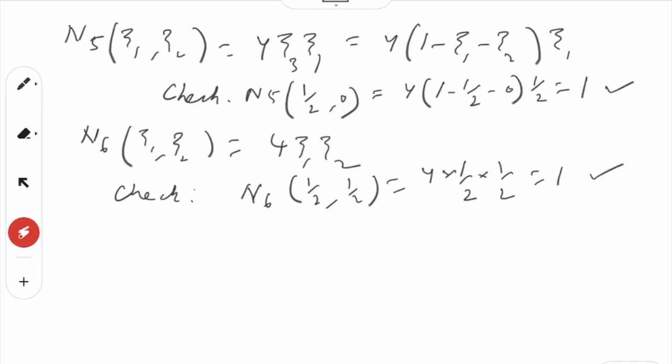Now here also the equation you can relate to the same equation as earlier.